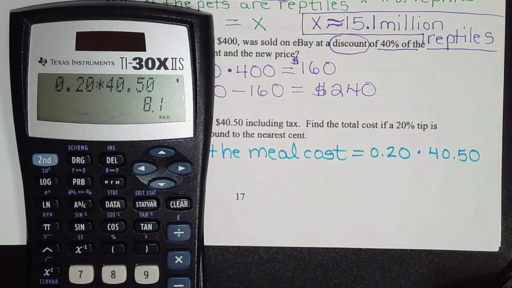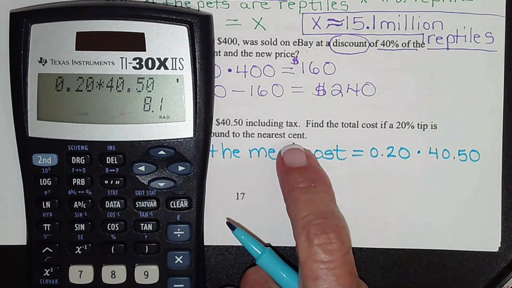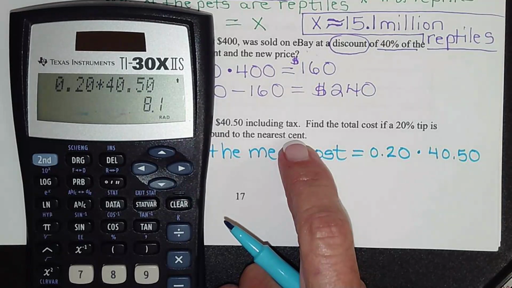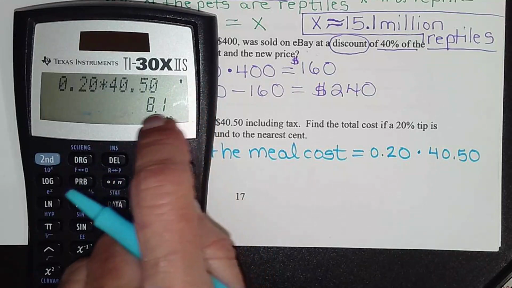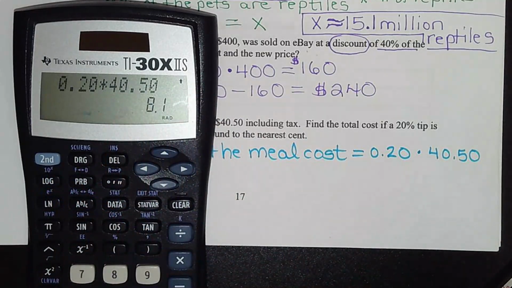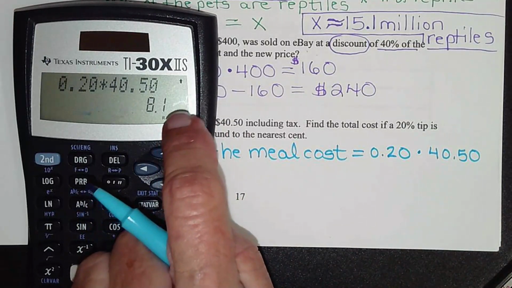You have to remember what you're finding. You're finding the tip. And is anybody ever going to say the tip's 8.1? No. Dollars and cents are 2 decimal places. So don't think your calculator has these innate abilities to make it into dollars and cents. Sometimes you have to stop a moment and make it into dollars and cents.